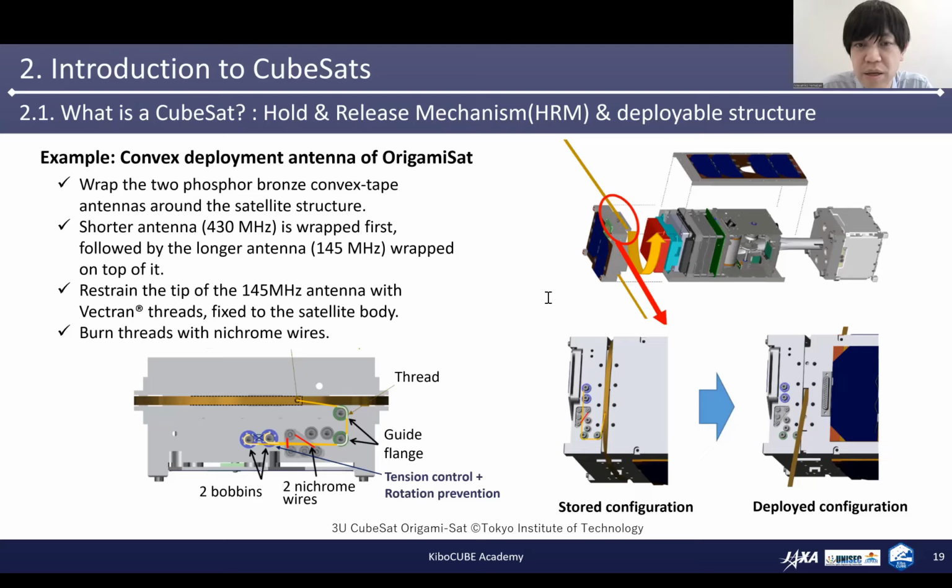The shorter antenna is wrapped first, followed by the longer antenna wrapped on top of it. Then the tip of the longer antenna is restrained with thread and fixed to the satellite body. The threads are burned out with nickel wires in space when the antenna are deployed.